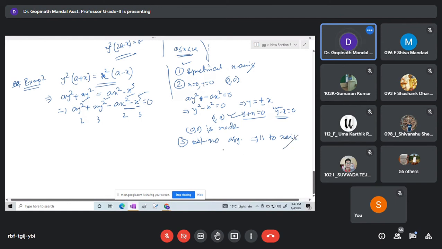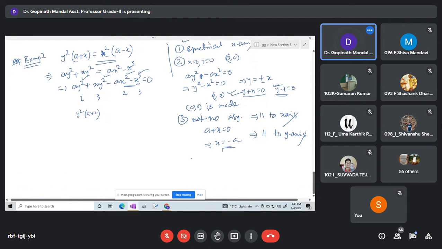And for the case of y square, the coefficient is a plus x. Now a plus x equal to 0, that means x equal to minus a. This is the asymptote parallel to the y-axis. Parallel to the y-axis, we get the asymptote x equal to minus a.